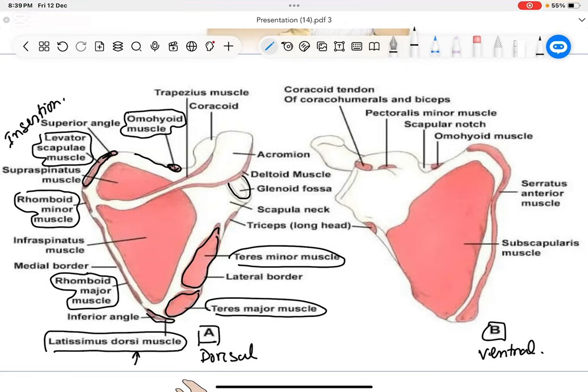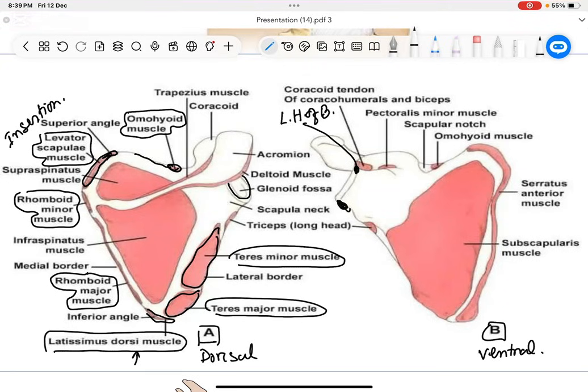Now we will see the relation with the glenoid cavity. There are two tubercles, it is not that clear here, but just remember there are the supraglenoid and infraglenoid tubercles. At the supraglenoid tubercle there will be a muscle attachment called the long head of biceps brachii.